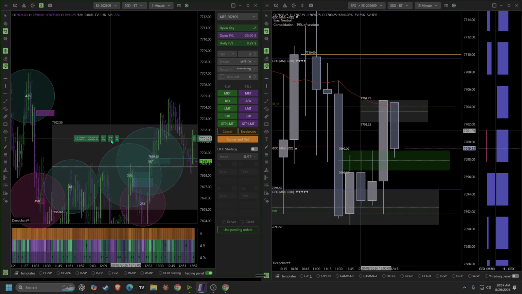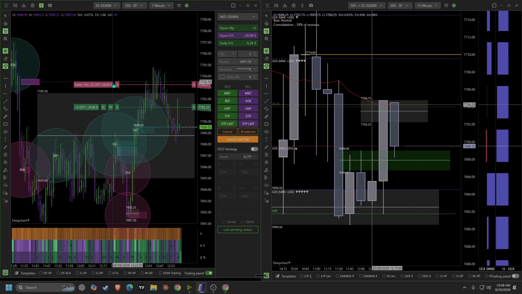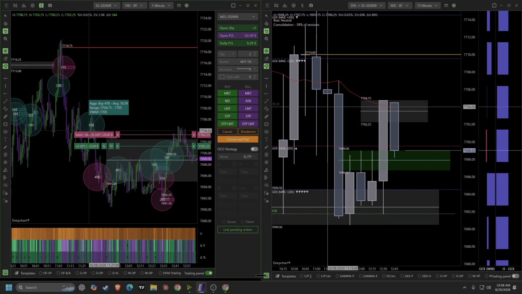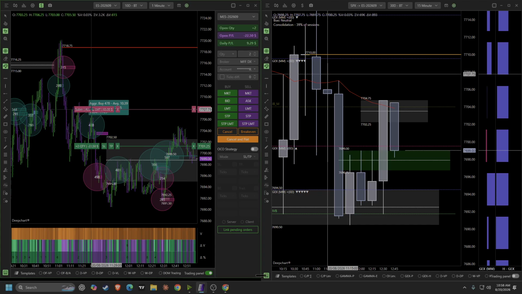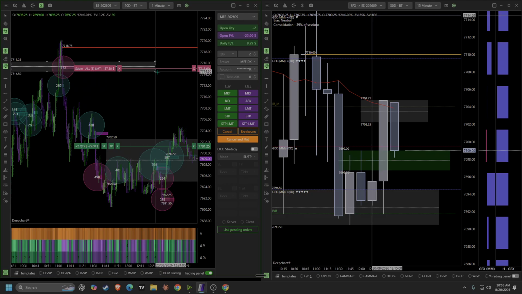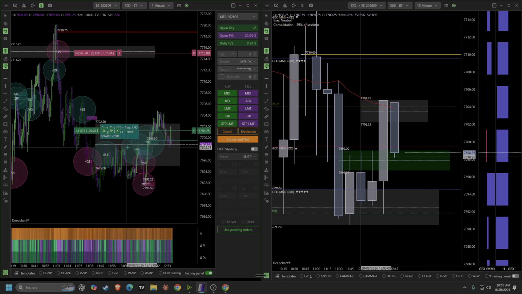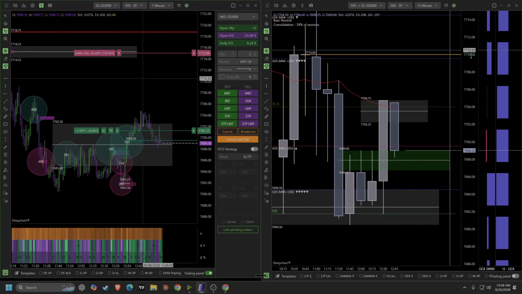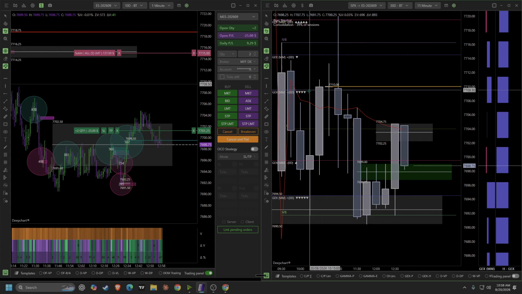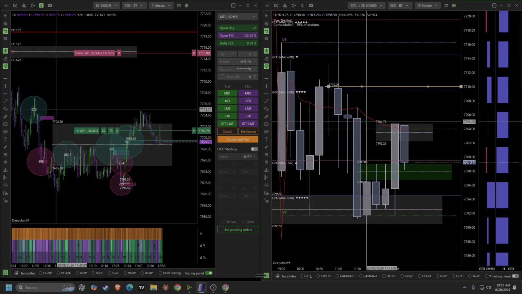All right, so our next target is there. I don't like that. This one may be the one we hold for the rest of the day. That's 77.15. And the next large positive GEX exposure level is 77.10.